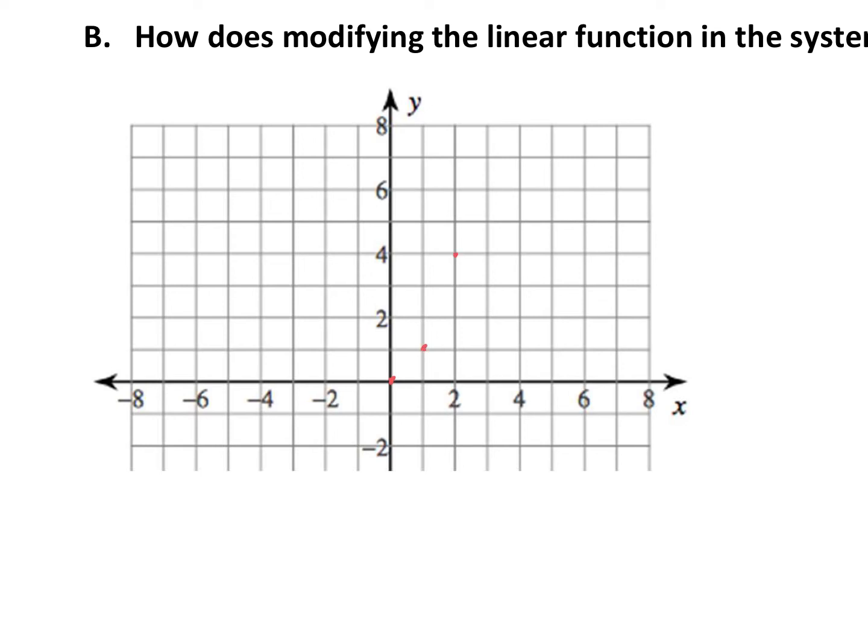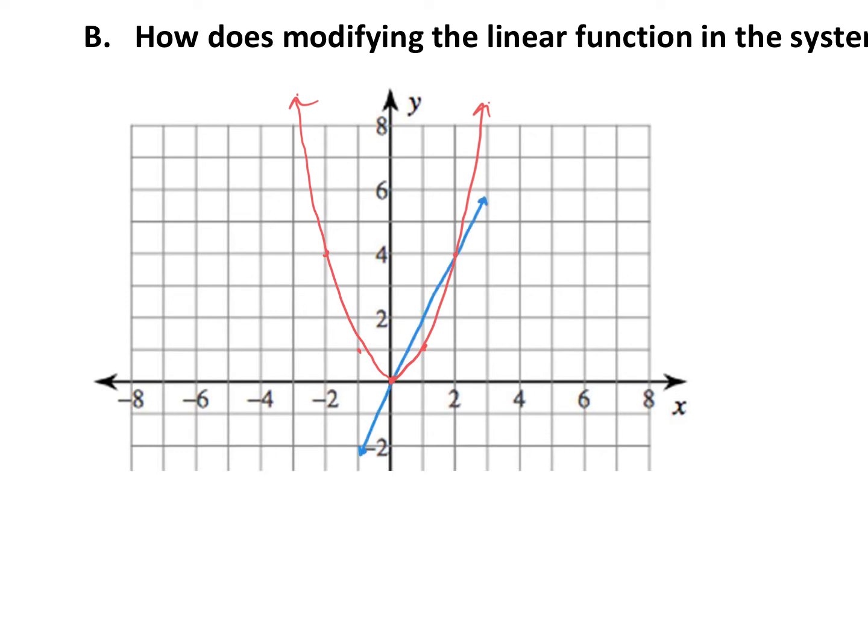So here's my pattern of points going up 1, up 3, up 5. Okay, I'm hoping that this is going to work. Our line that we drew, I'm just going to draw the line. I'm going to try to hit the points I know it goes through. Goes through this point, goes through this point. All right, so there's the line.